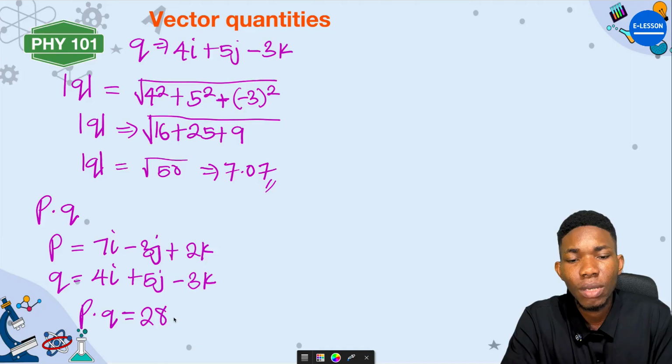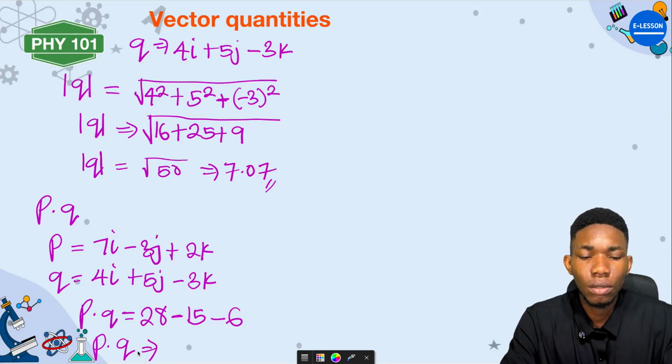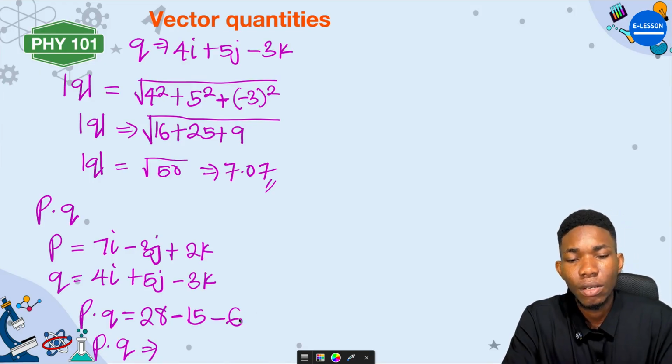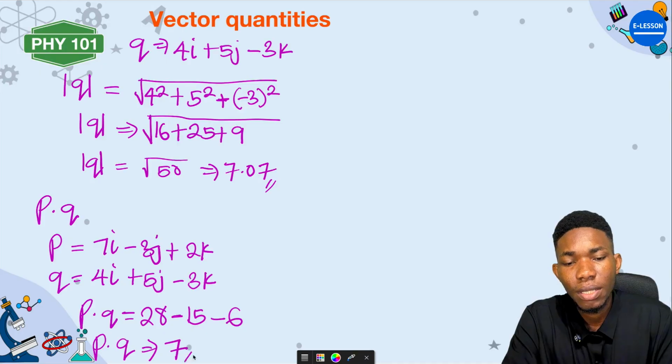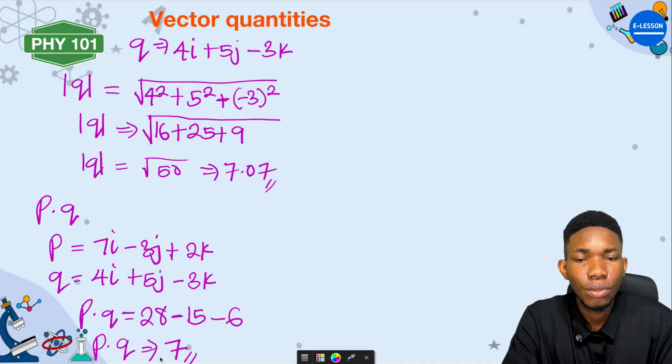Plus times minus gives us minus; 3 times 5 gives us 15. Plus times minus gives us minus 6. So P dot Q will be equal to 28 minus 15 minus 6, which gave us 7. So that's our P dot Q.